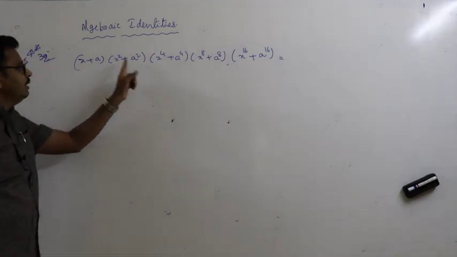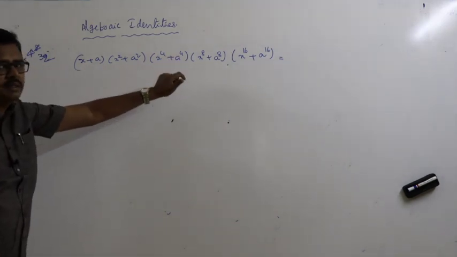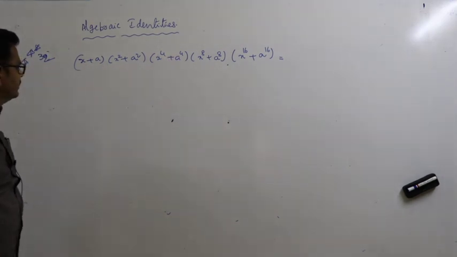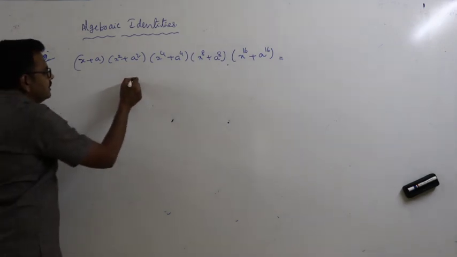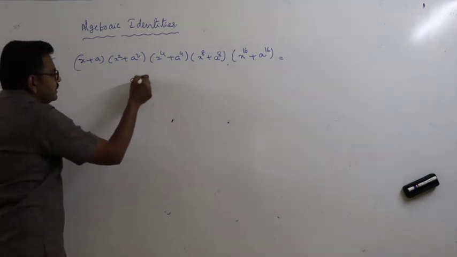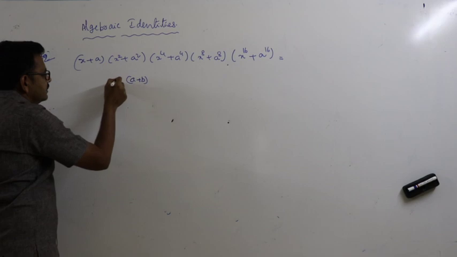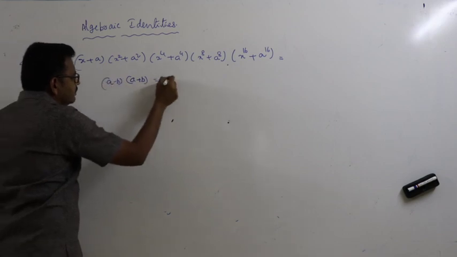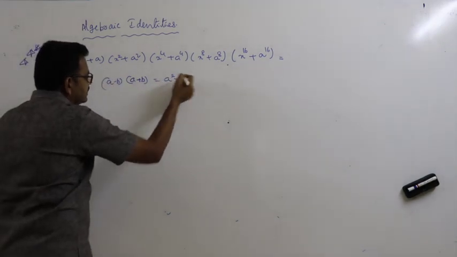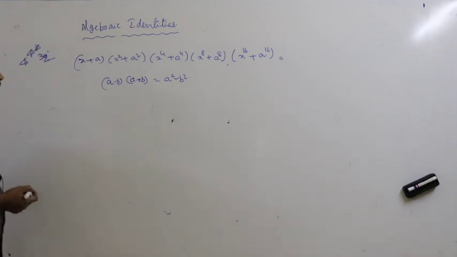By multiplying all these, it is a little bit lengthy. So the idea is, we know that a plus b into a minus b is equal to a square minus b square.